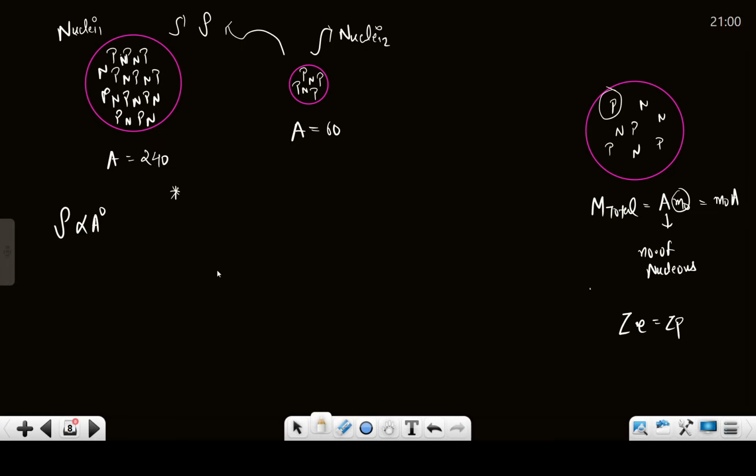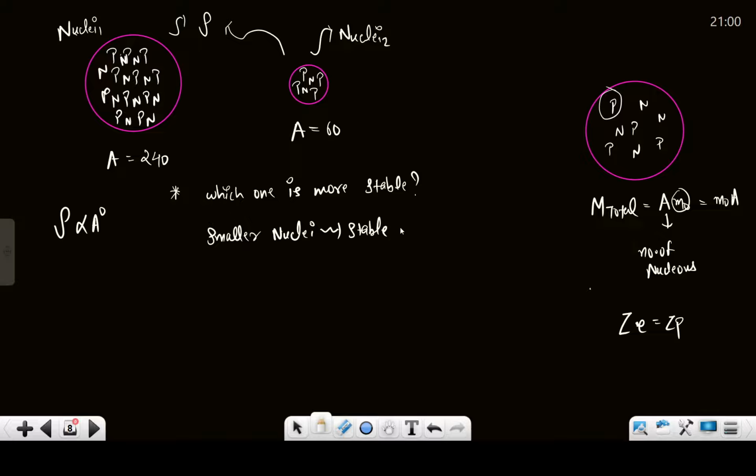I am assuming this. Then which one is more stable? If I am talking about that, then which one is more stable? The answer is that the smaller nucleus is stable.